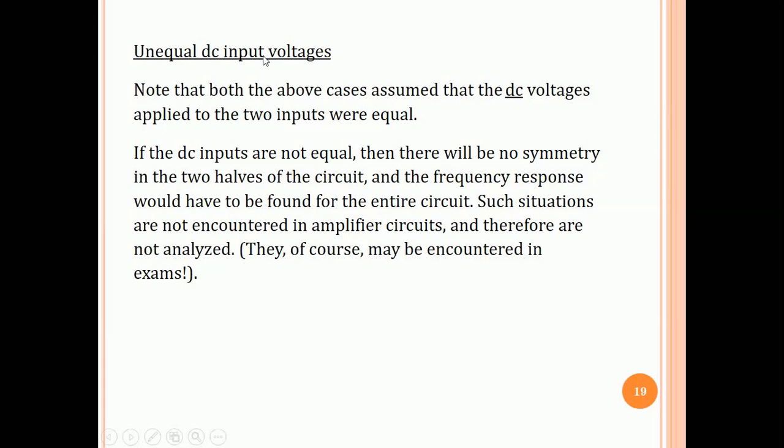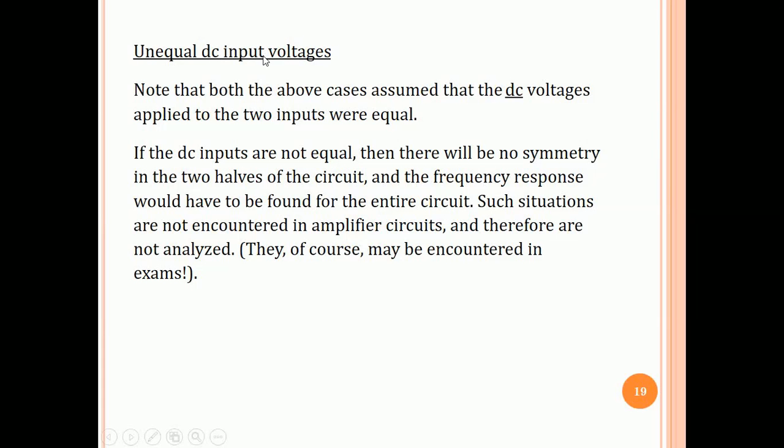Then of course the currents flowing in the two input transistors will be different. There will be no symmetry, and then finding the frequency response is actually much more complicated because you can't do any symmetry arguments.